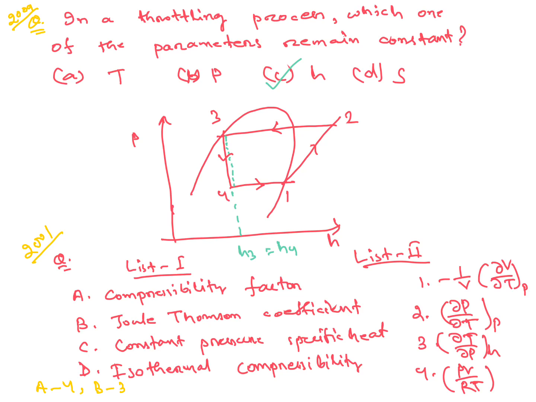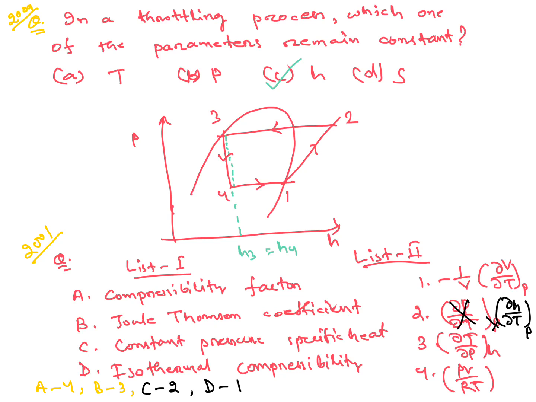Constant pressure specific heat, C is 2, dH by dT at constant pressure. Then D, isothermal compressibility, D is 1.